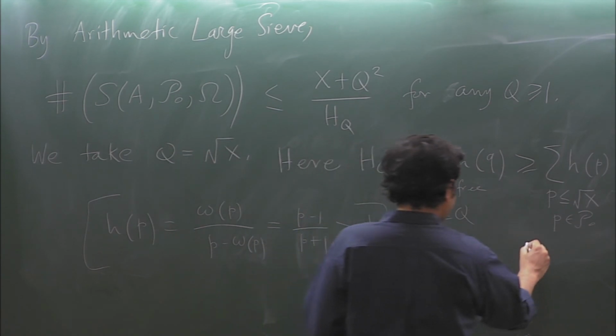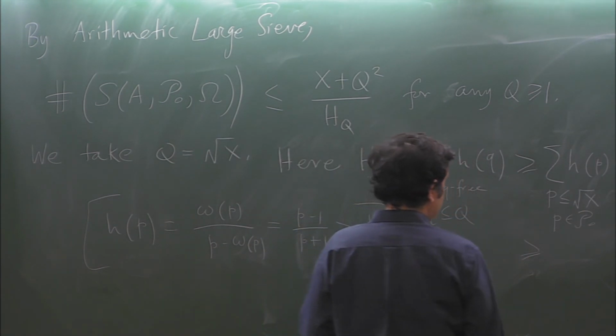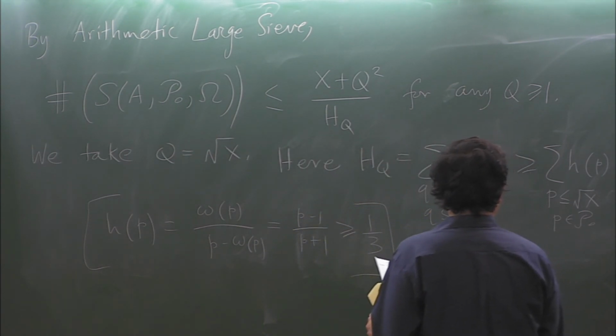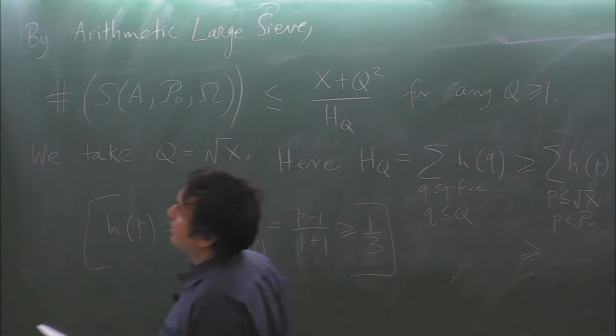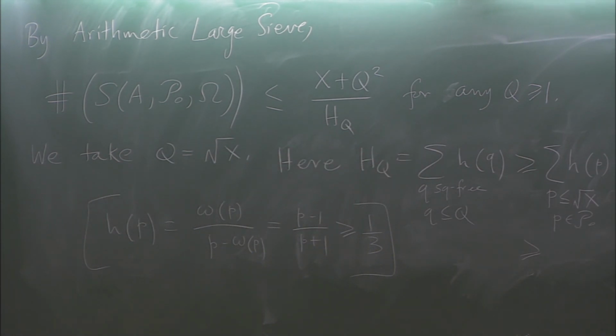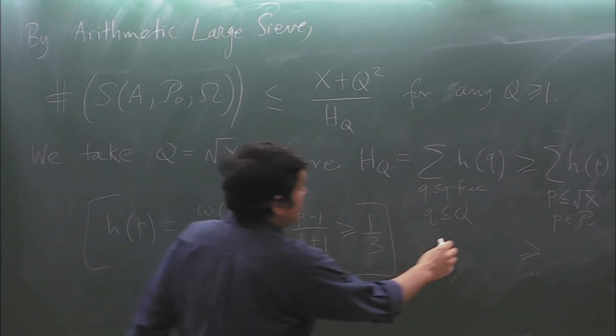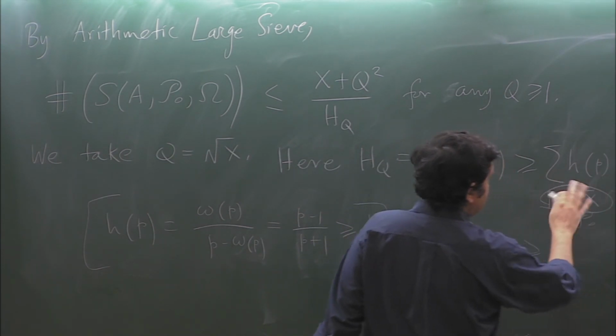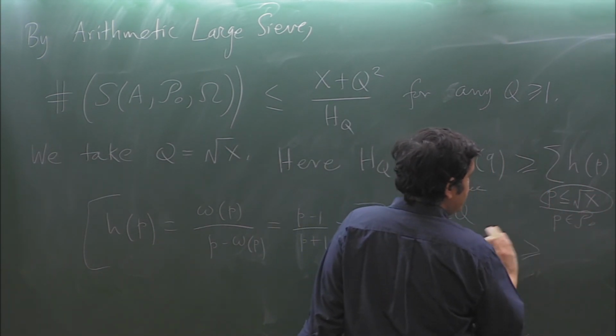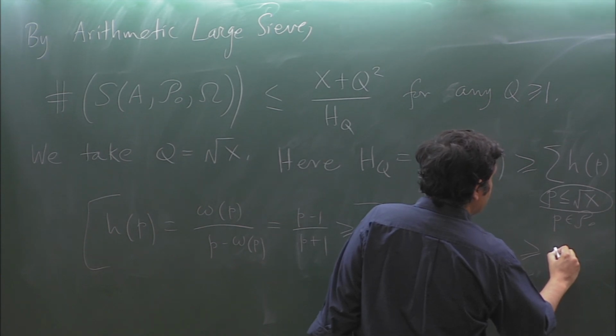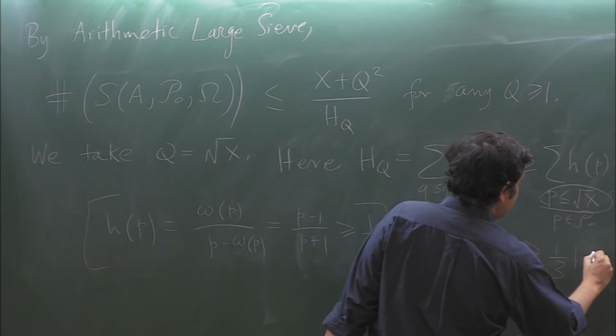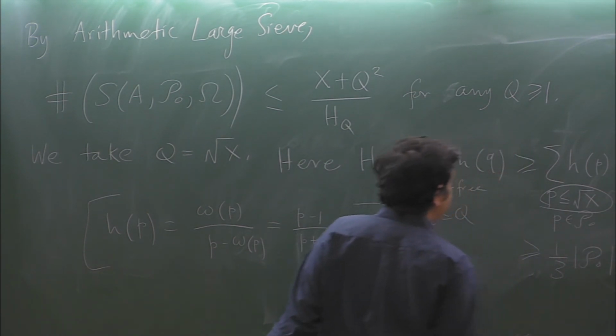So therefore, this is greater than or equal to, since P naught consists of primes up to root x, this condition is vacuous, it's automatically satisfied. So this is greater than 1/3 times the size of P naught.